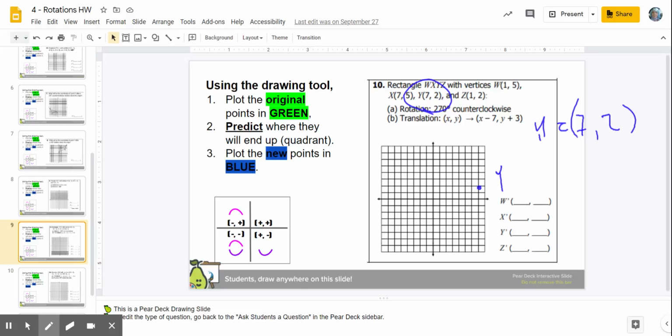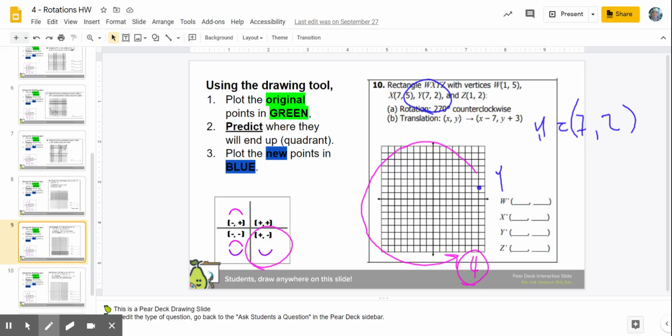Wow, my handwriting is getting very sloppy. And then we're going to rotate it 270 degrees. How many quadrants is 270 degrees? 3. So we're going to go 1, 2, 3, and we're going to predict it's going to land in 4, which is positive, negative, right?